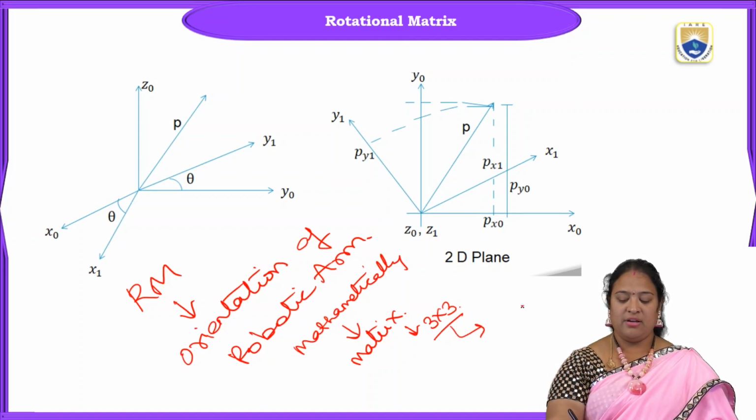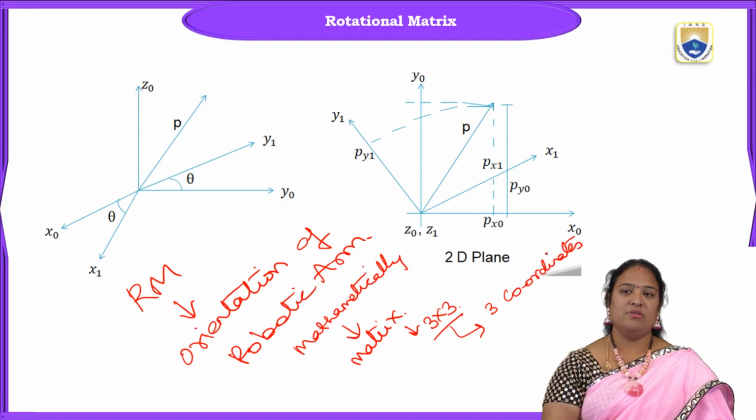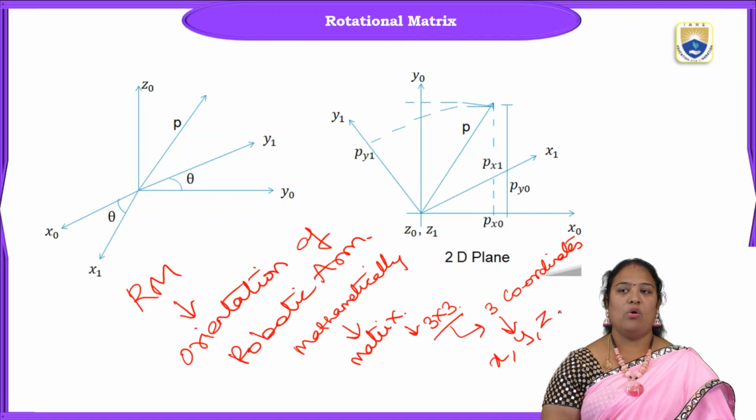Here we will be taking 3 coordinates. The rotational matrix will be a 3x3 matrix because we are considering 3 coordinates, which are the x, y, and z coordinates.